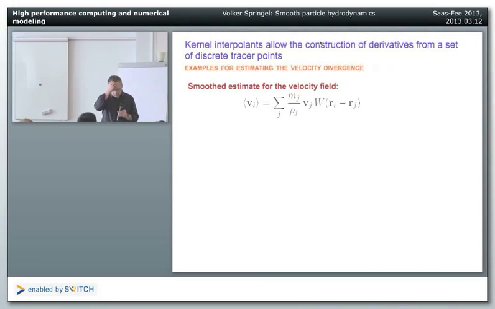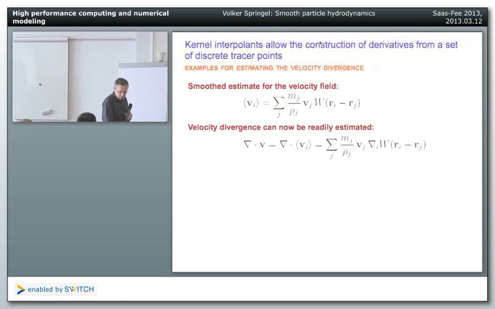So now how do we look at the other Euler equations? To complete SPH, we not only need a density estimate, we need equations of motion chiefly. To get them, we can first of all look at smooth estimates for the velocity field, done like the density. So you can use this kernel interpolant formula to, for example, get an average velocity. You can use it now in the differentiated case to get something like a divergence of the velocity.